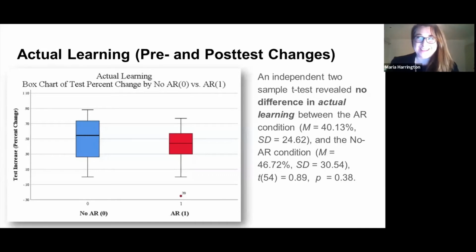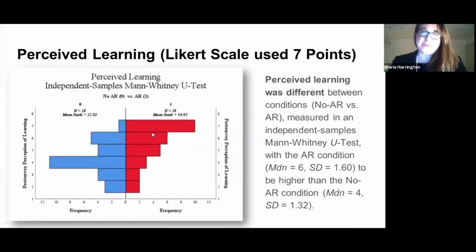What did we find? We found there was no difference. I was surprised, but there was no difference measured in a pre and post test between the AR condition and the no AR condition. But it did increase learning by 40%. So an intervention has an impact, but what was also interesting is that the perceived learning was different.